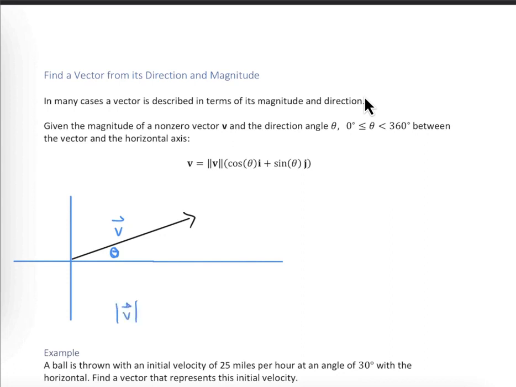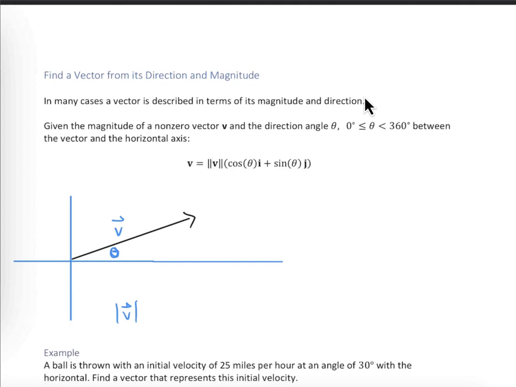So in our verbal scenario a moment ago, the magnitude of the vector was the speed of the wind, 10 miles an hour, and that magnitude would be represented by a vector whose length is 10. So we're given the magnitude of the vector and the angle that the vector is acting on our particular object.